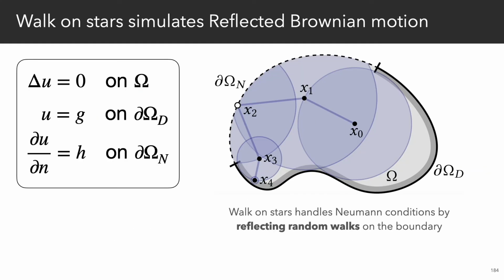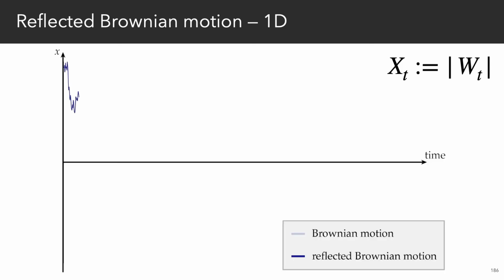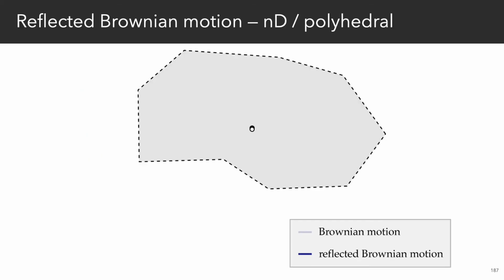So, as a concrete example, the insight of performing reflections on the Neumann boundary with walk-on stars comes from Brownian motion being absorbed on the Dirichlet boundary and reflected off the Neumann boundary in the literature on stochastic differential equations. On a 1D half-line, reflected Brownian motion is formally defined as the absolute value of ordinary Brownian motion.